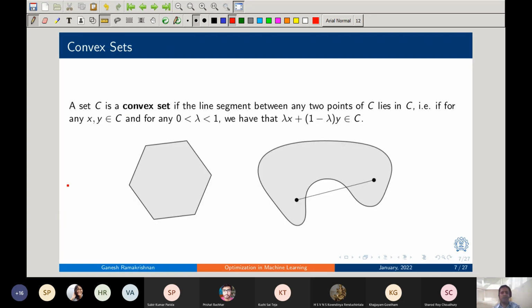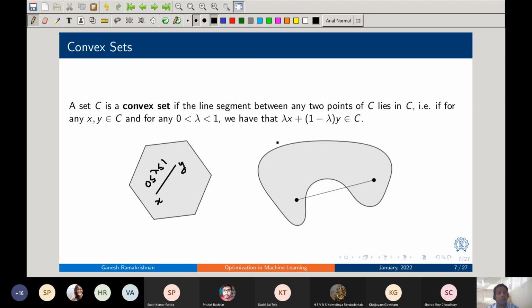A set C is convex if the line segment between any two points lies within the same set. Basically we are saying that if you have two points X and Y in the set, then for any lambda between 0 and 1, the interpolation, the line segment, will lie within the set.